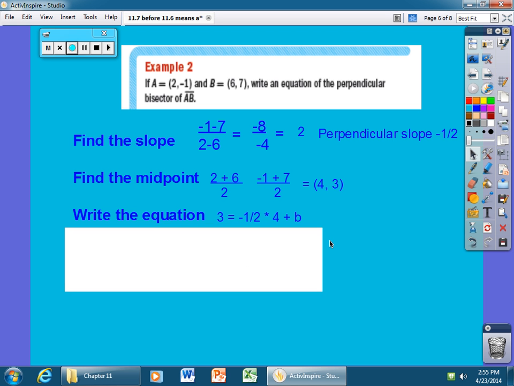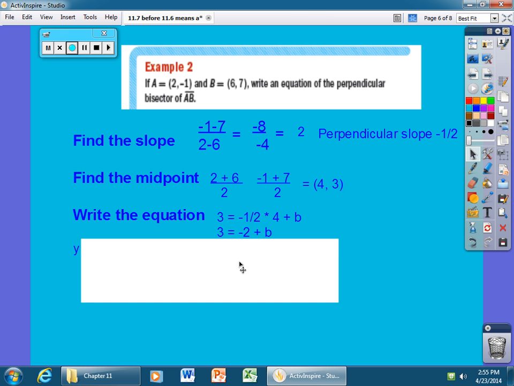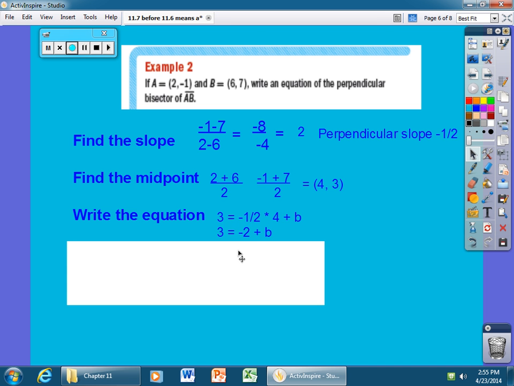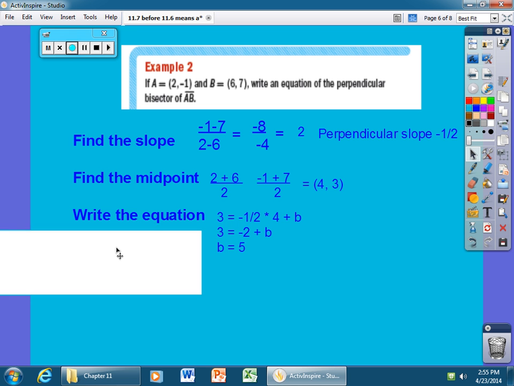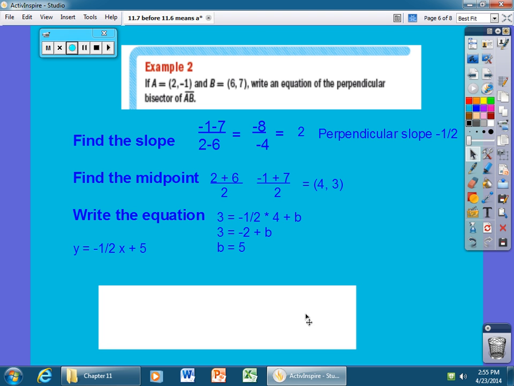So I'm going to substitute in 3 for y, -1/2 for m, and 4 for x. The only number that I don't know is the y-intercept. So negative 1/2 times 4 is negative 2. To find b, I'm going to have to add 2 to both sides, so I get b is 5, and then I write the equation.